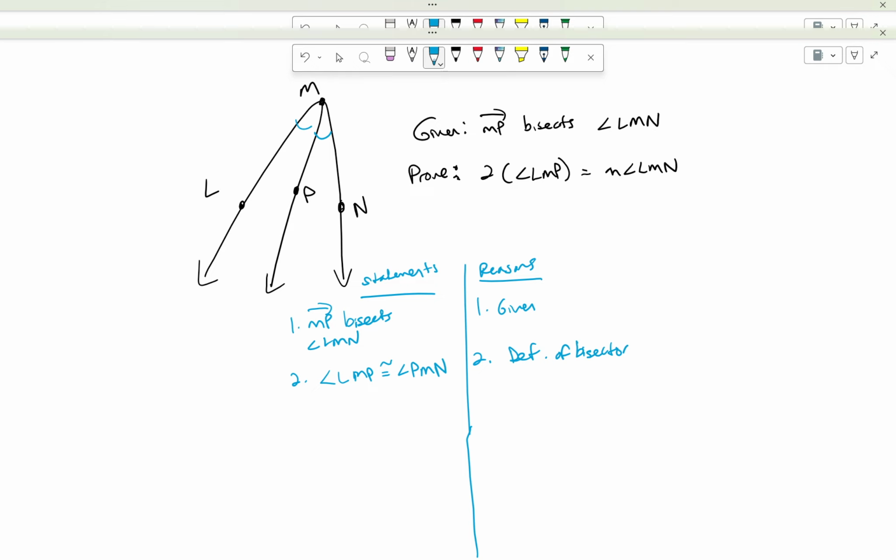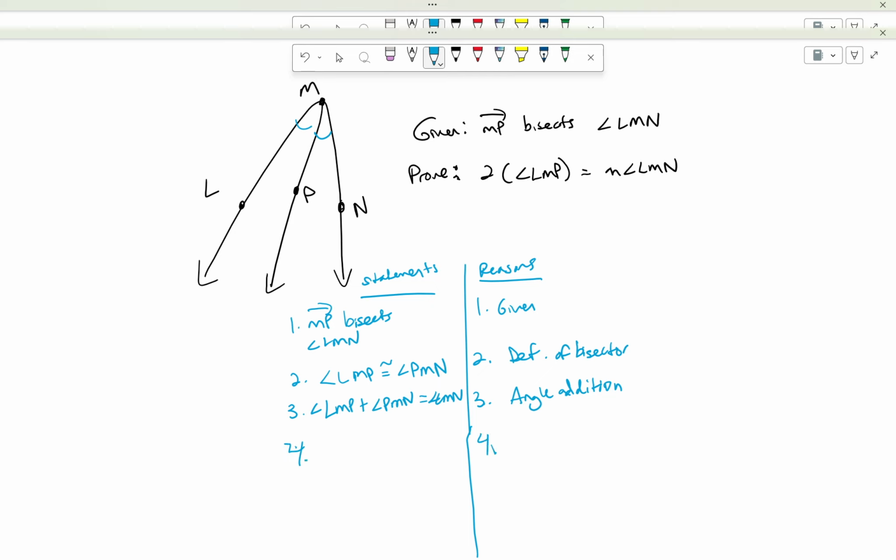Next, what I can show is that we can create angle LMN through the sum of LMP and PMN. This is angle addition, two adjacent angles. This is the angle addition postulate. These two angles are adjacent, they share that side.